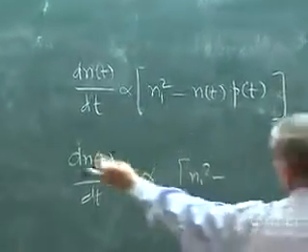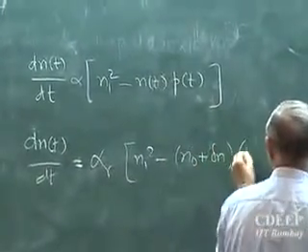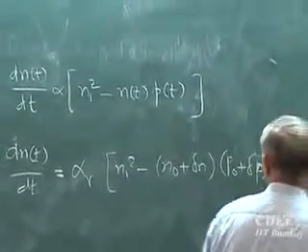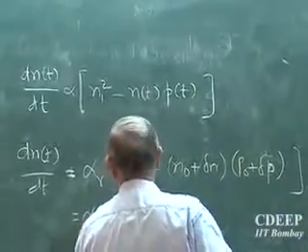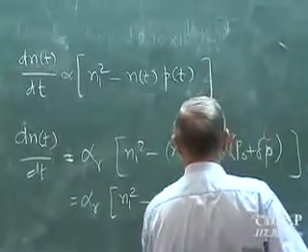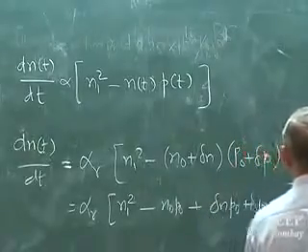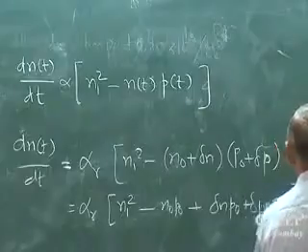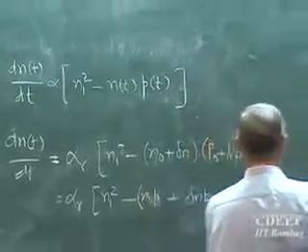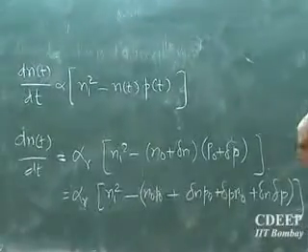Let's write this expression for n(t)p(t): n0 plus delta n. I won't put t here, it is always there. p0 plus delta n, or maybe right now if you wish, delta p. So alpha r times ni square, minus n0p0 plus delta n p0 plus delta p n0 plus delta n delta p. Which term cancels here?